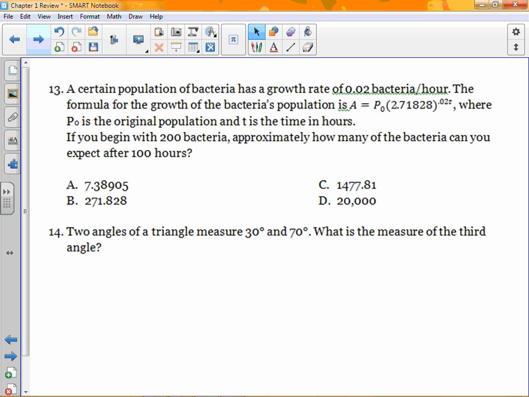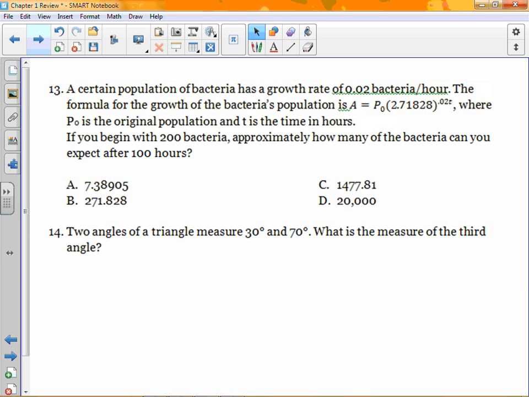A certain good one. A certain population of bacteria has a growth rate of 0.02 bacteria per hour. Here's a formula: A equals P sub 0 times e to the 0.02t, where P0 is the original population and t is the time in hours.